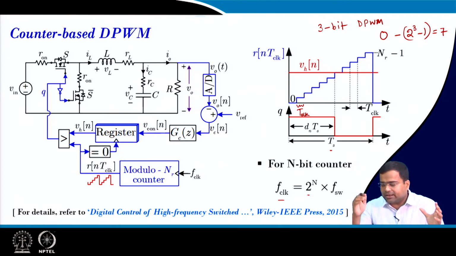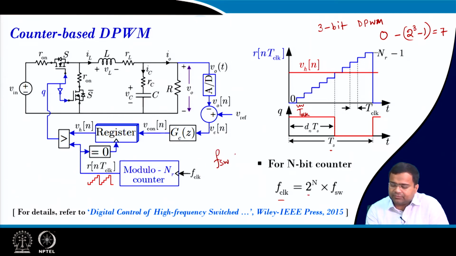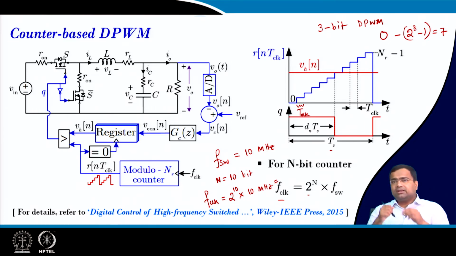Now imagine you need a switching frequency of 10 megahertz, and you need the DPWM resolution to be 10 bits. What is the clock frequency requirement? It will be 2 to the power 10 times 10 megahertz. 2 to the power 10 is 1024.